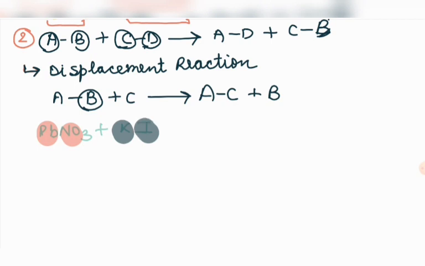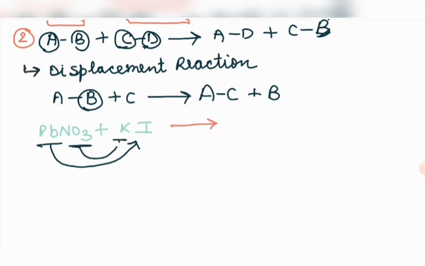Now see what will happen. This Pb is going to combine with this I, and this NO3 and K will be combining with each other. Now here one displacement and two displacements, so that's why this is known as a double displacement reaction.